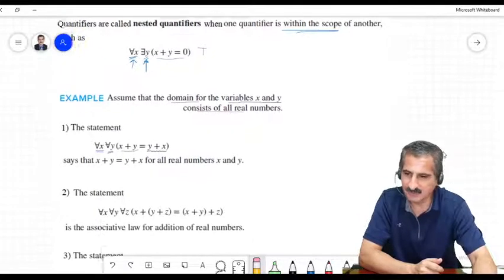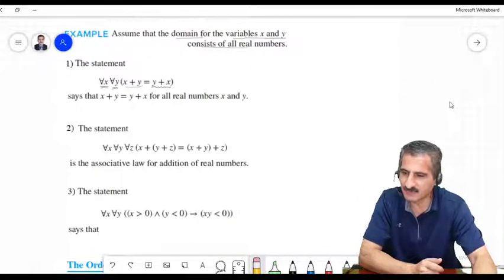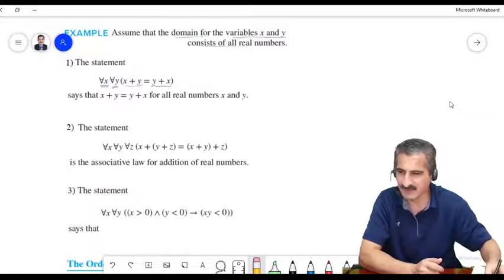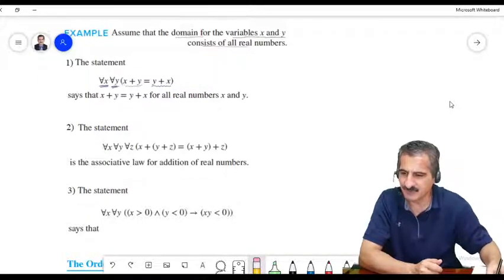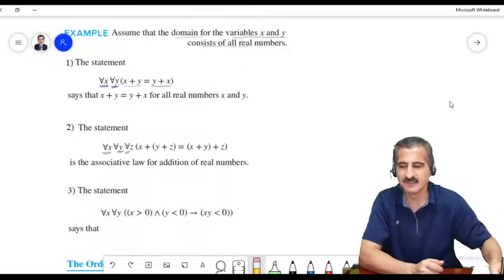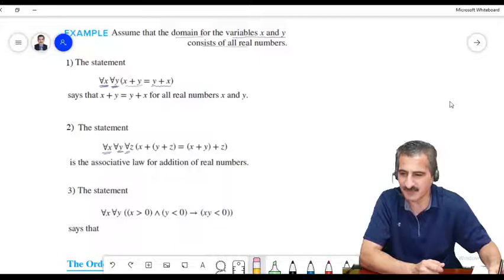So we have two universal quantifiers in this example that are nested inside each other. Example number 2. It says for every x and every y and every z, we have x plus y plus z equals x plus the sum of y and z.